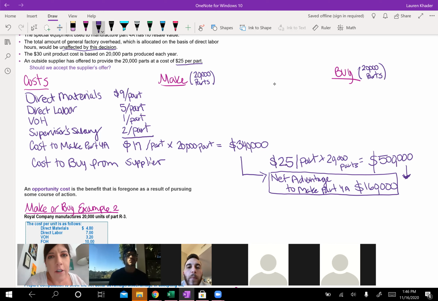So if you're deciding to go to school full-time versus working full-time, you're giving up that salary that you could be earning by going to school. So it's a benefit that you're giving up by choosing that one opportunity over another.